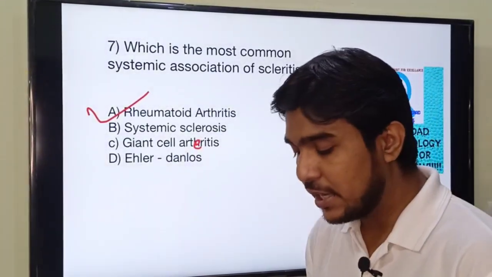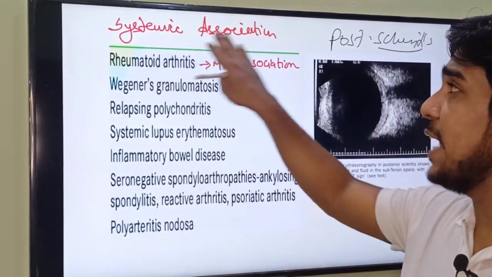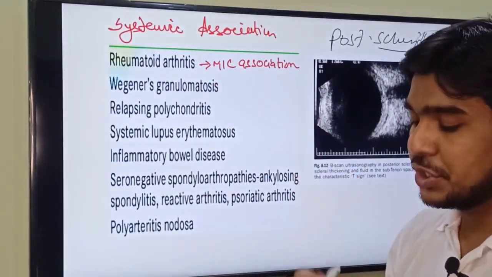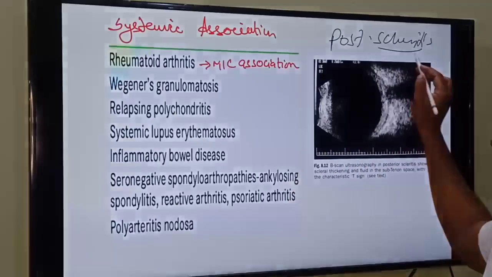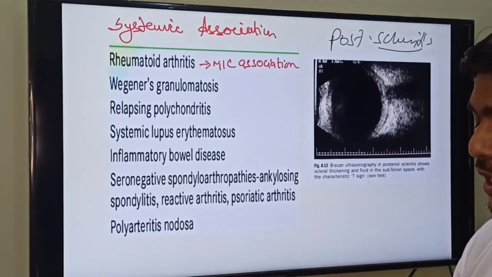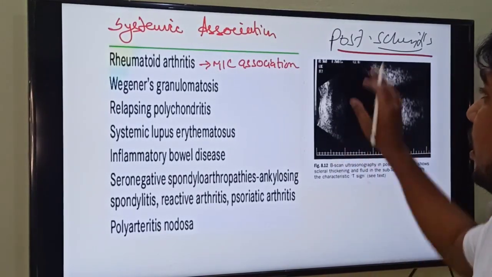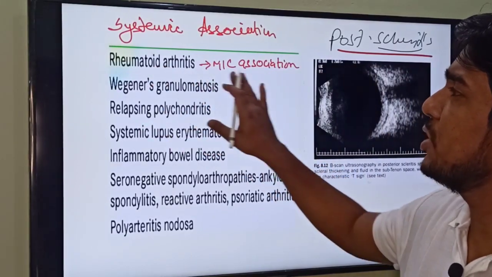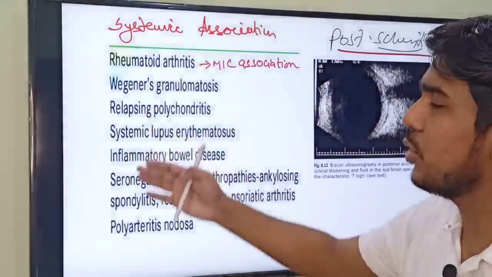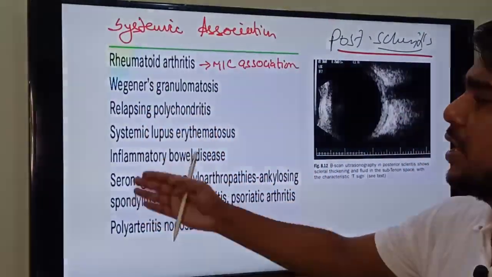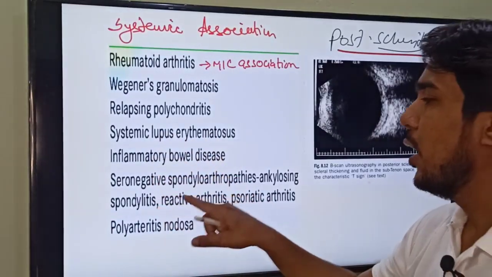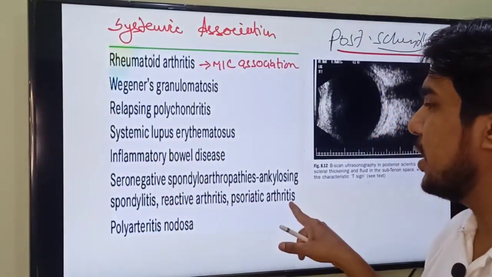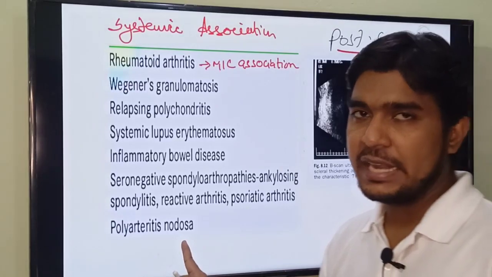The systemic association of posterior scleritis is rheumatoid arthritis, which is the most common. The rest you can remember: Wegener's, relapsing polychondritis, SLE, IBD, reactive arthritis, polyarteritis nodosa.